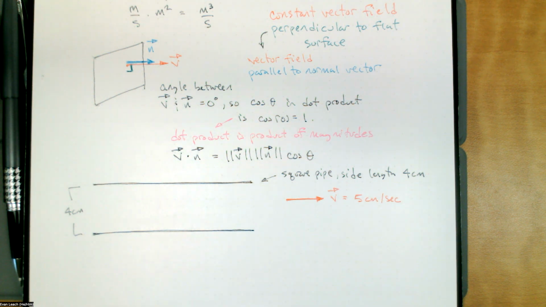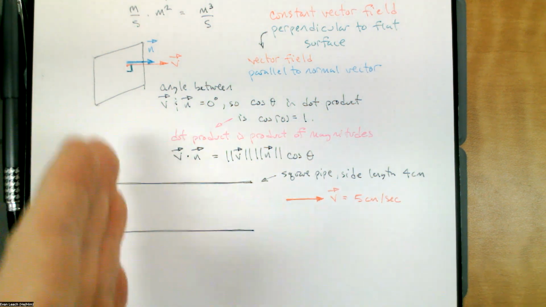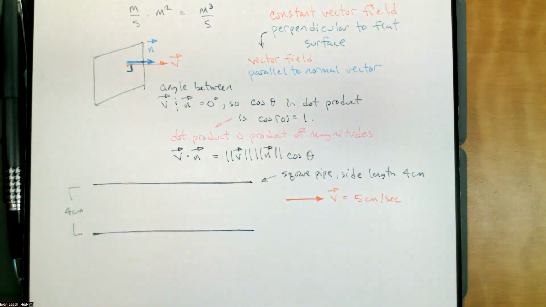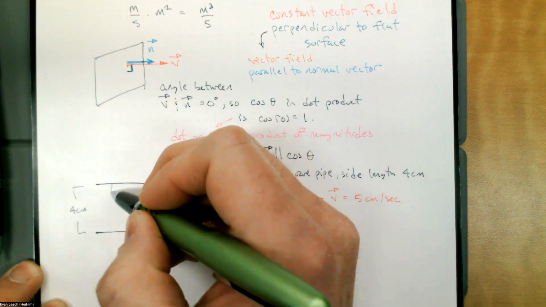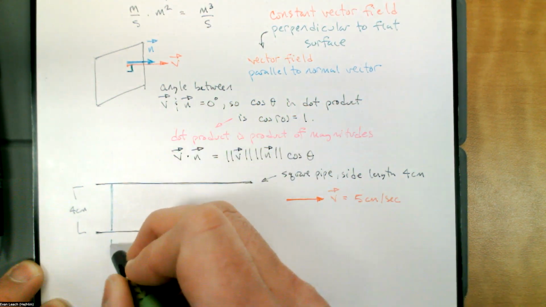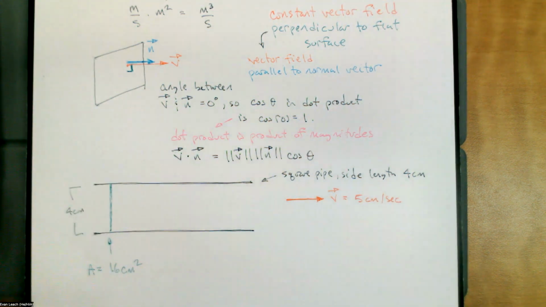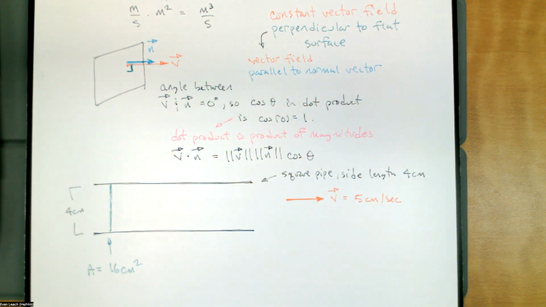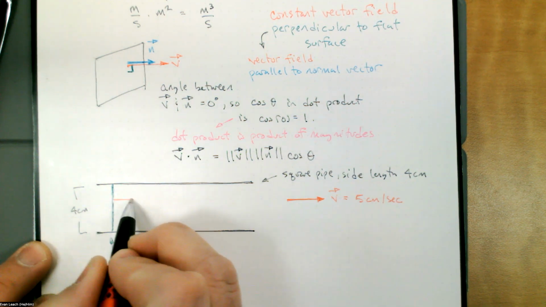Now, with this vector field, if I put a surface that is perpendicular to the flow of the water, then we can just do our simple calculation. So I'm going to put in a screen here. That's going to be 16 square centimeters. I've got our velocity flowing through at a constant 5 centimeters per second at all these points.